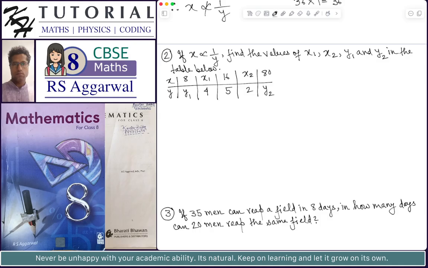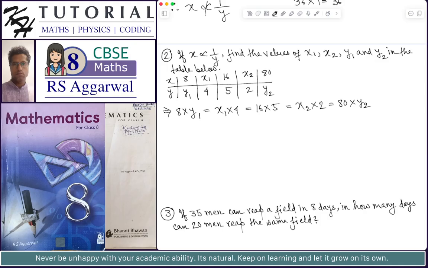So we must have 8 multiplied by y1 equal to x1 multiplied by 4, equal to 16 multiplied by 5, equal to x2 multiplied by 2, equal to 80 multiplied by y2.